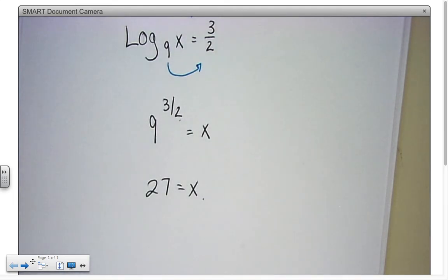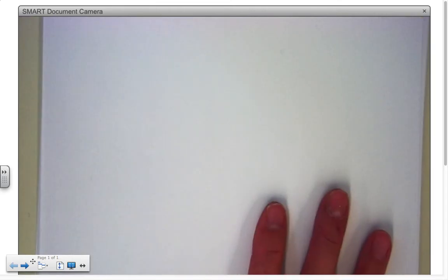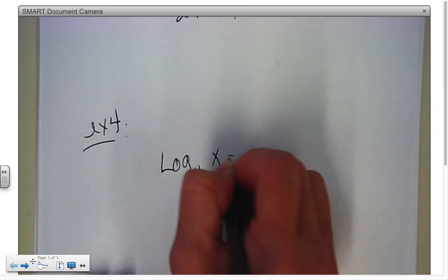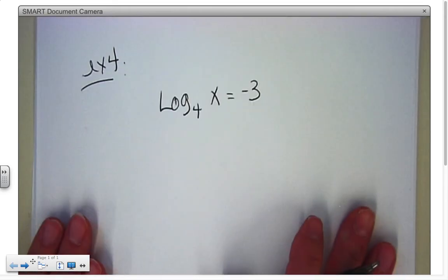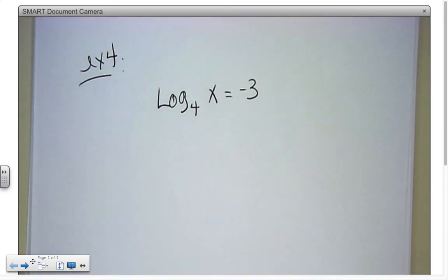That is essentially it for today. I'm going to show you maybe 1 or 2 more, and that'll be it. So we'll call this, I guess, example 4. Let's do log base 4 of x equals -3. Again, what you want to feel comfortable with and confident with is your ability to switch and know where the pieces go.